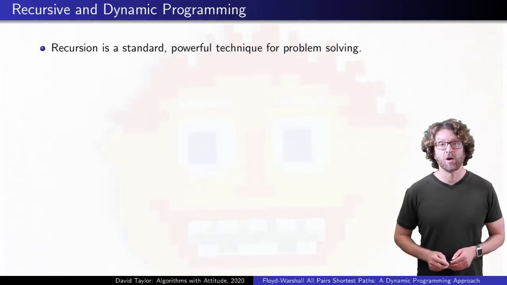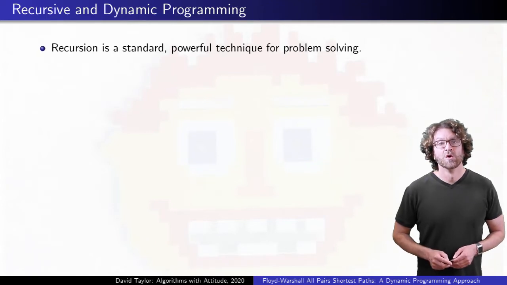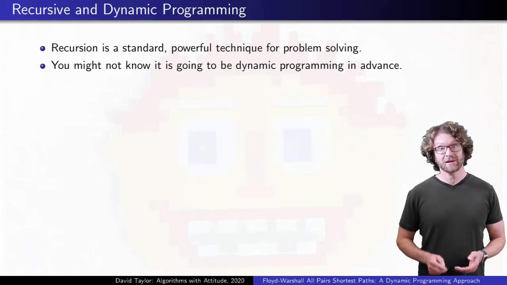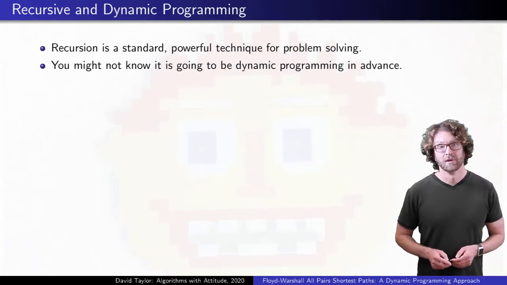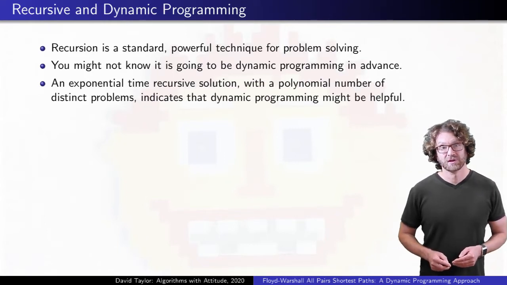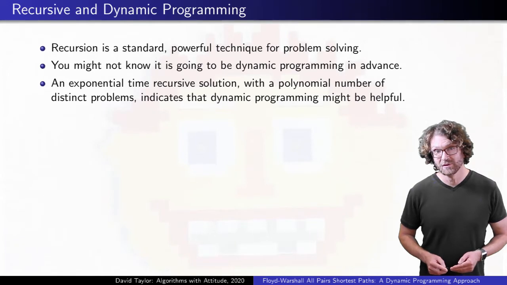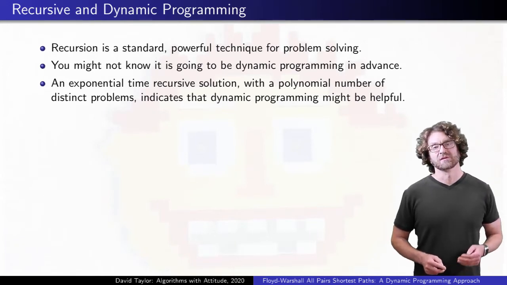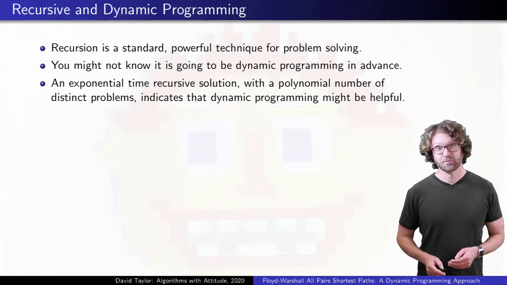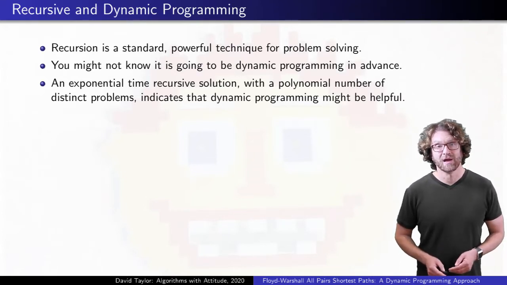Recursion is a really powerful tool to solve problems. When you start working on a dynamic programming algorithm, you might not know it's going to be a dynamic program, but it's pretty normal to think about problems recursively anyway. If your recursive solution gives an exponentially slow answer, that's when you look to see if the dynamic programming approach works to speed it up. In this problem, you don't need to follow that template.